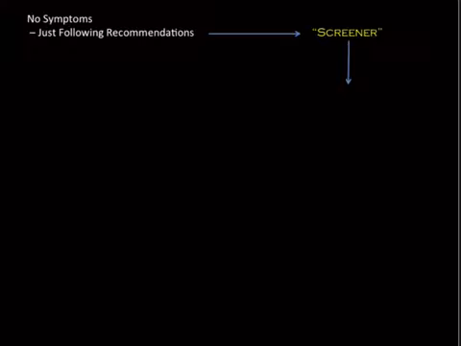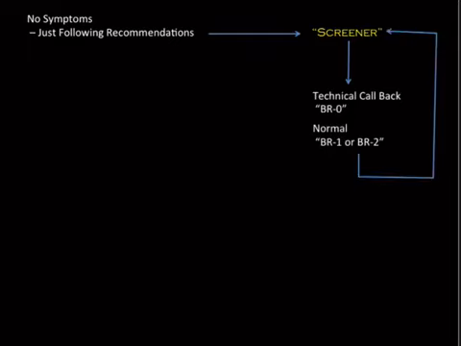It's going to be normal, or it's going to have a benign finding on it, like a fat-containing lesion, or it's going to be abnormal. So normal ones or technical callbacks get repeated. Well, technical callback will get repeated.